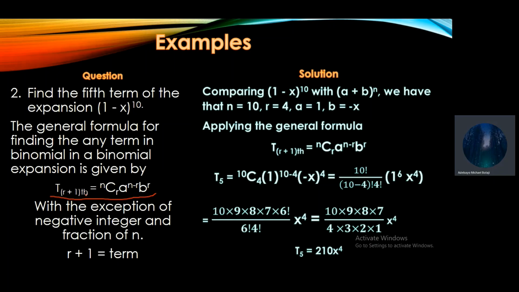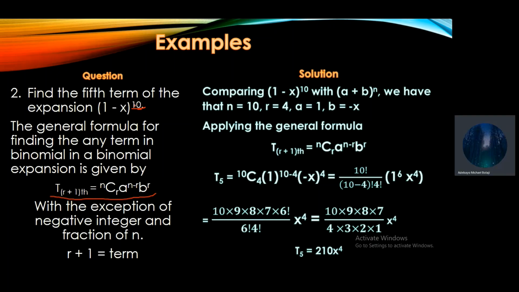T(r+1)th term equals n combination r, a raised to the power of n minus r, b raised to the power of r. With the exception of negative integer, that means your raised to the power here must not be negative, and your raised to the power must not be a fraction. It must only be positive. We use this formula only when your raised to power is positive.